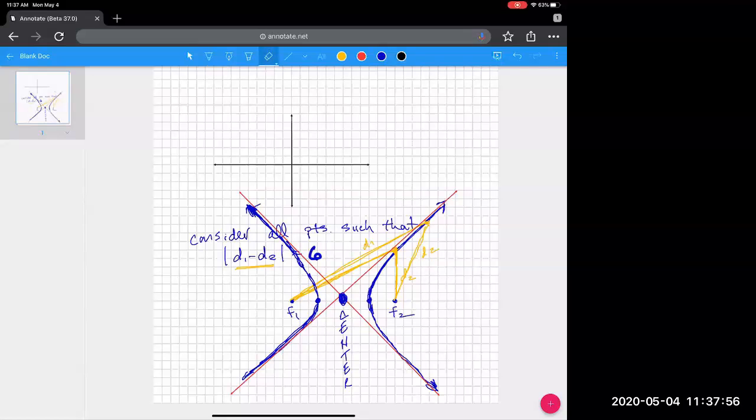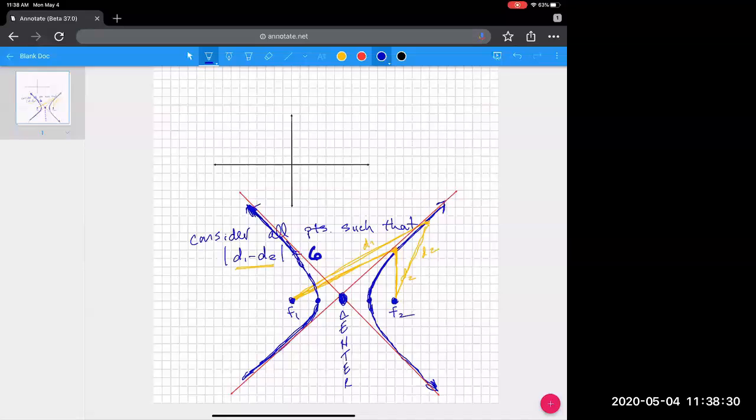Okay, so again, the concept is that if you begin by simply plotting any 2 points, then from those two points, you can define the set of all points where the difference between the distances to those 2 points is some constant number. If you take the bigger distance minus the smaller distance, and you always get a 6 or a 10 or some set distance, then you will get a hyperbola.